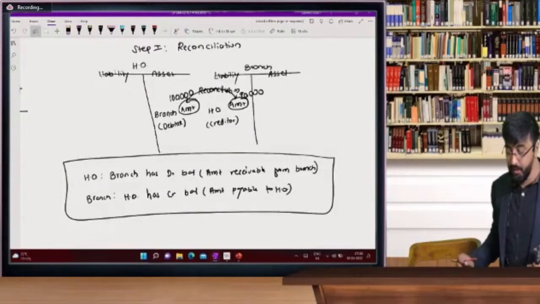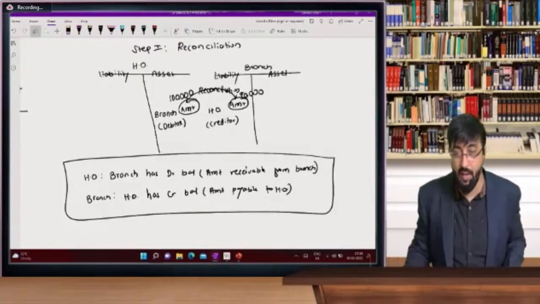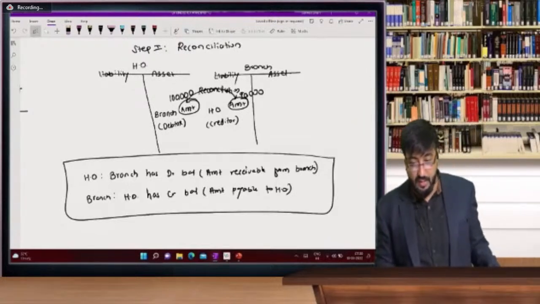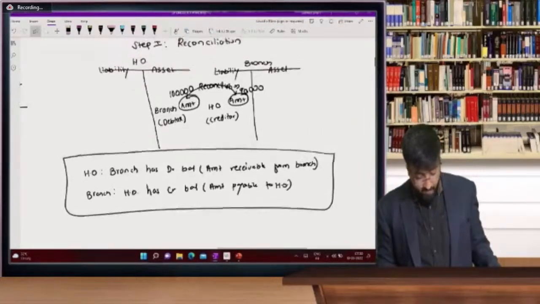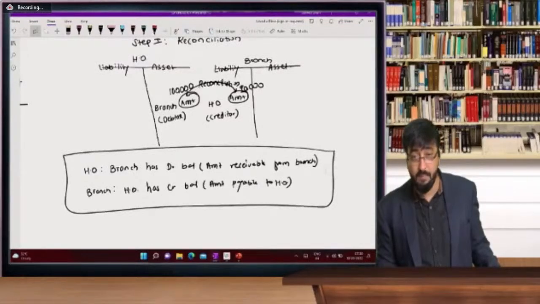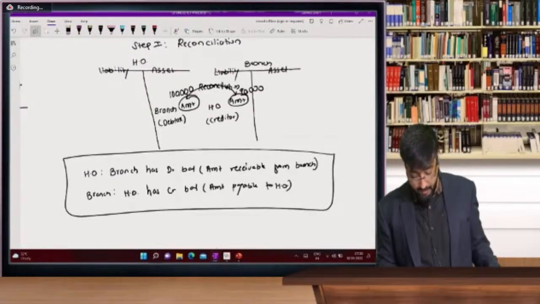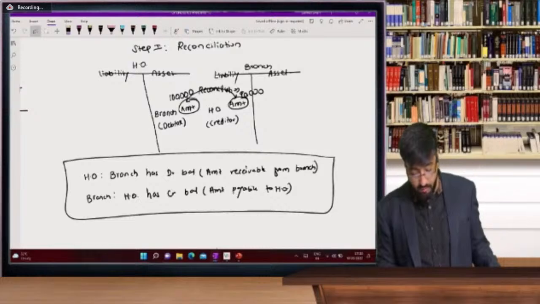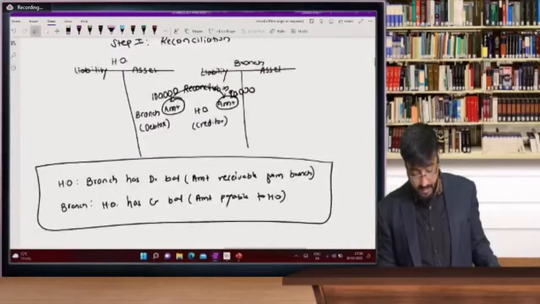RECO is done. After that, tell me, over, after writing this. Step 1: HO, liability side, asset side.